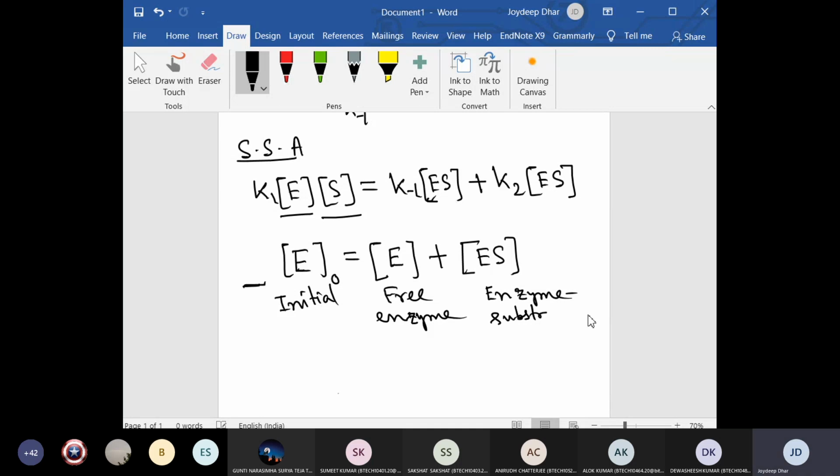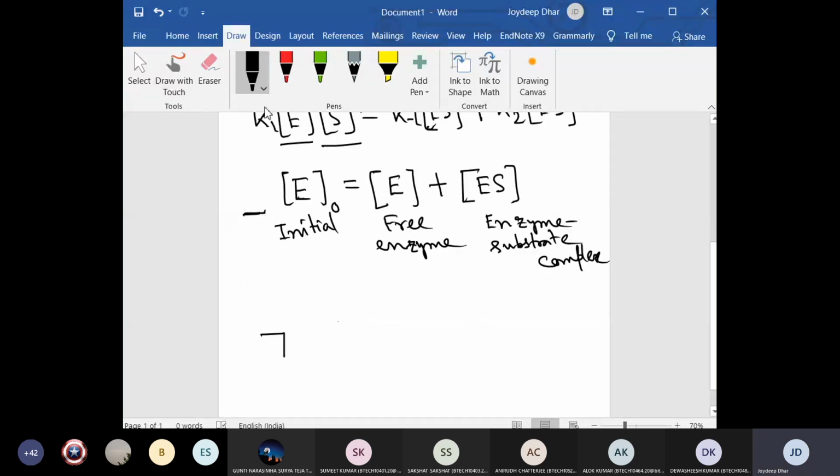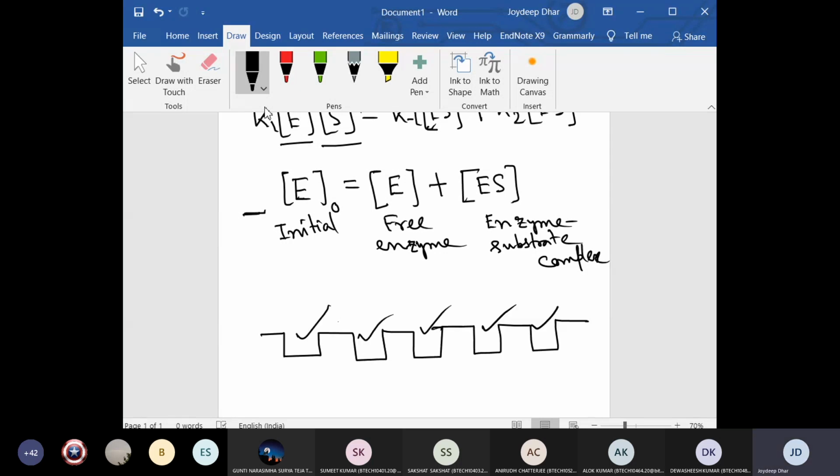Whenever you take enzyme, you have reaction pockets in an enzyme molecule. This is one pocket, two pockets, three pockets; this is only one enzyme molecule. Let's say 5 pockets per enzyme molecule. If you have 10 enzyme molecules, there are 50 active sites or pockets.